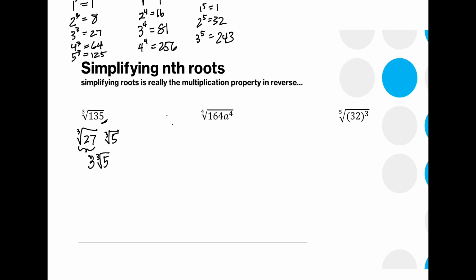I know that 164 could be divisible by 2, so I'm going to see if 16 maybe goes into that. If I take 164 and divide it by 16, I'm just pulling over to my calculator, it's not. Is 164 divisible by 81? It is not.